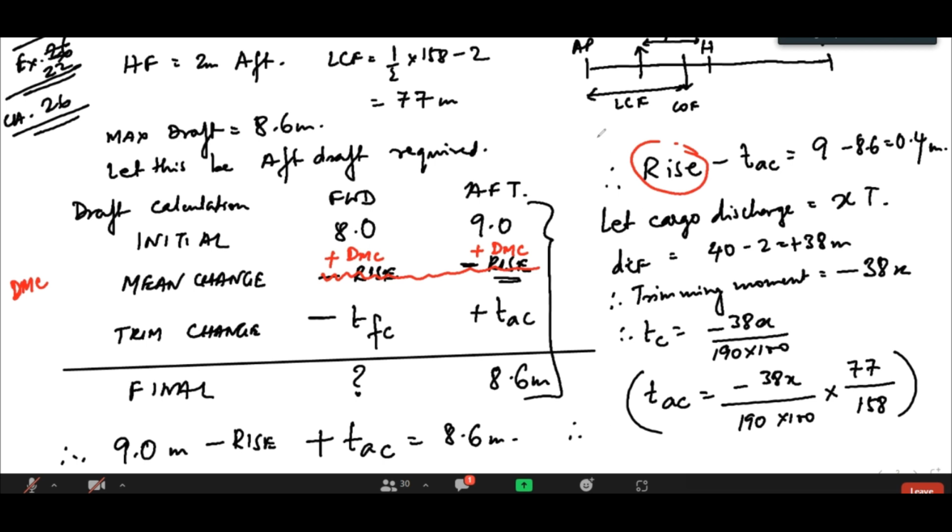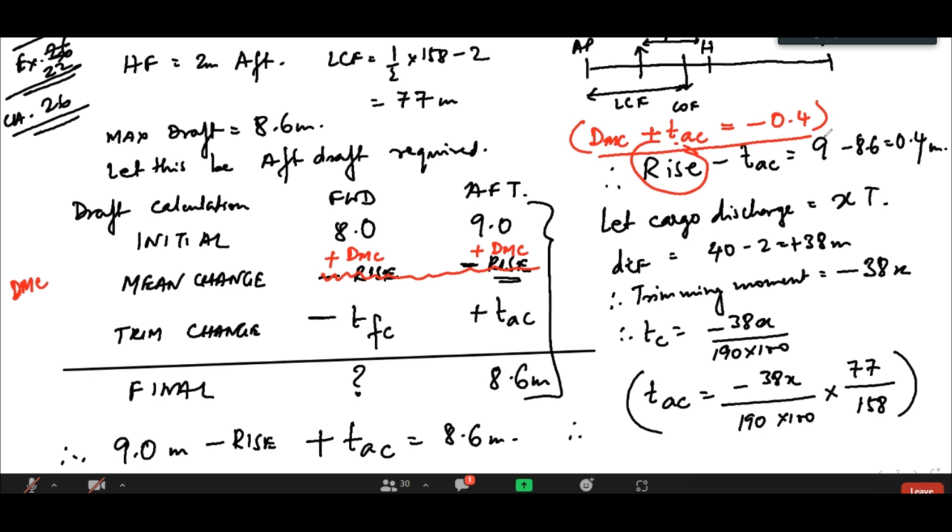So what we will have is mean change of draft plus TAC is equal to minus 0.4. Do you agree with this? So mathematically, this will be the proper way. But we can do it by rise as we have just now done, which becomes very, very easy.